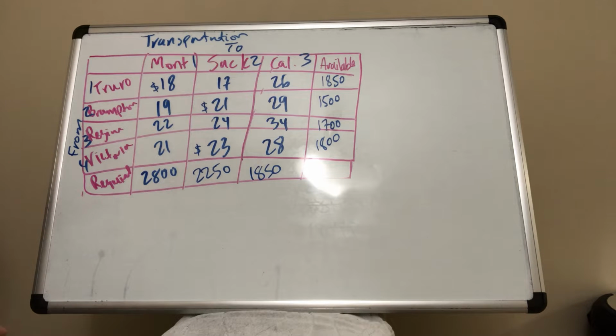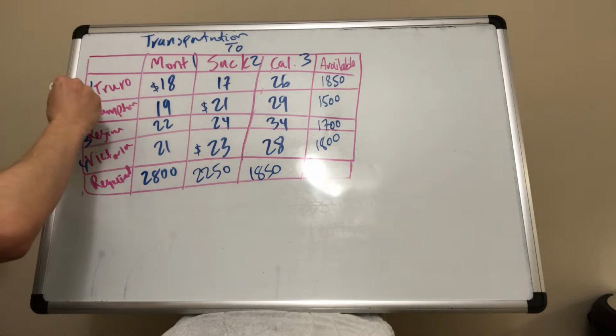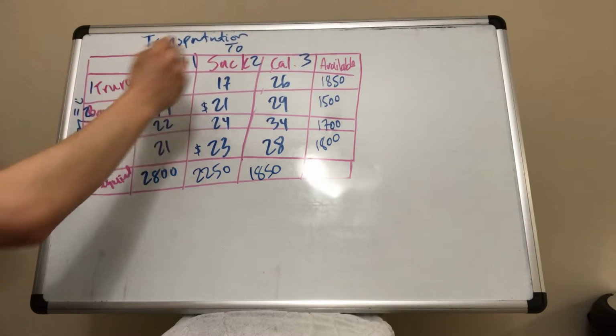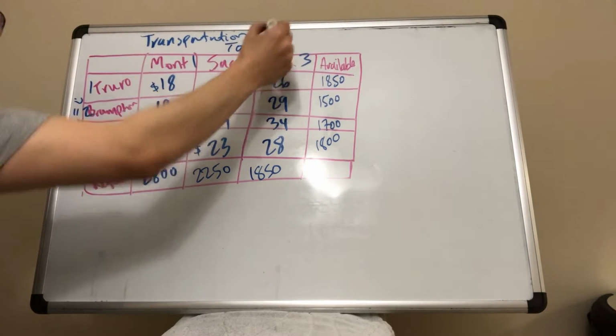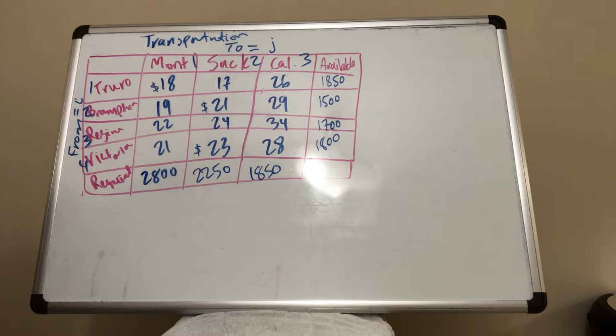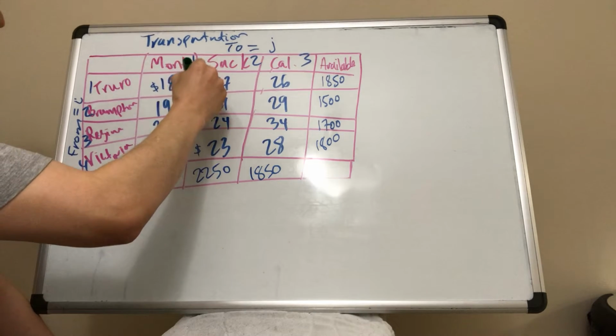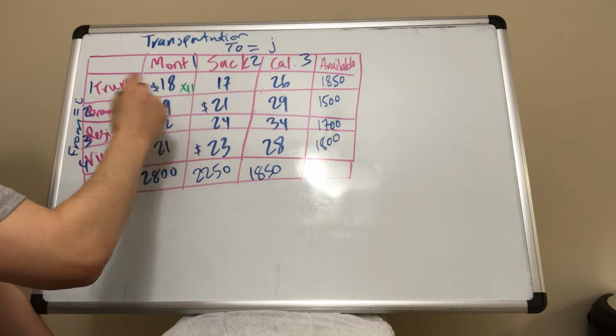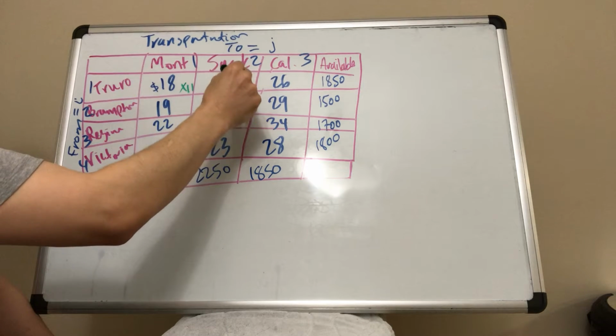Now, the way we do this, we call the from usually I, and we call this J. There are 12 variables here that you need to define. X11 would be number of kilograms going from Truro to Montreal.